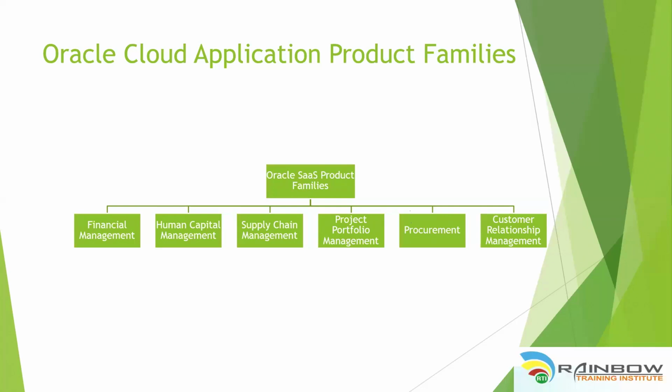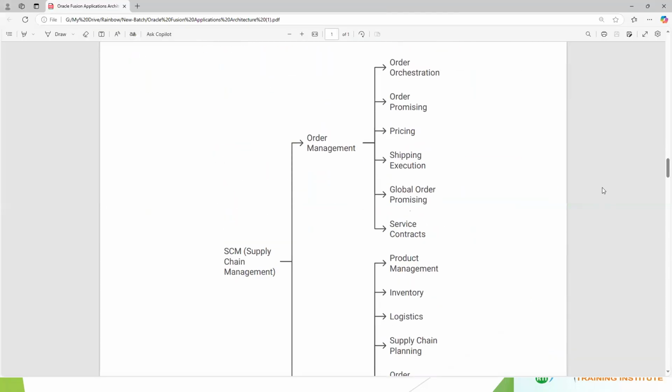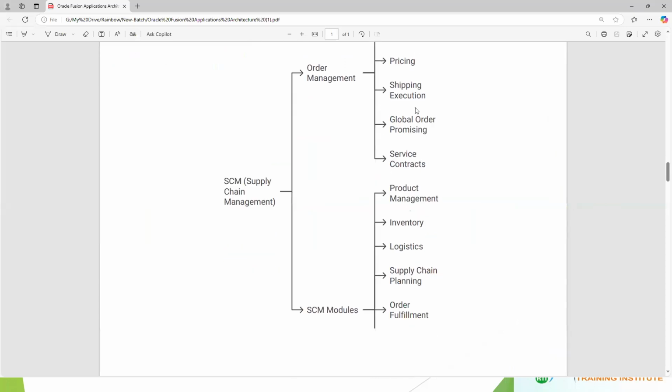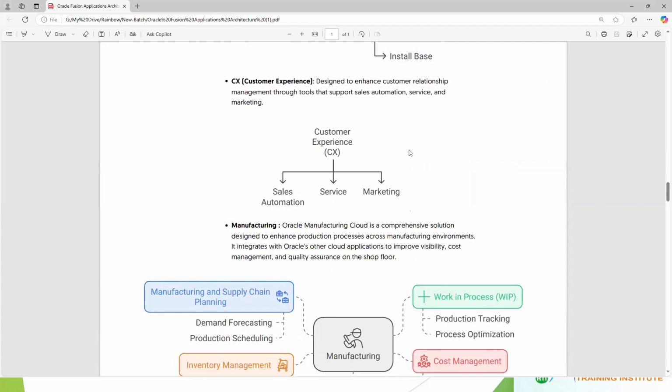All these elements come in supply chain management. We see project portfolio management, and then CRM. You can see the supply chain management here: various order management-related things, pricing-related things, the products you are selling, fulfilling them, maintaining the inventory; all that comes in the SCM. Coming to customer service, which means CRM, we call it CX.